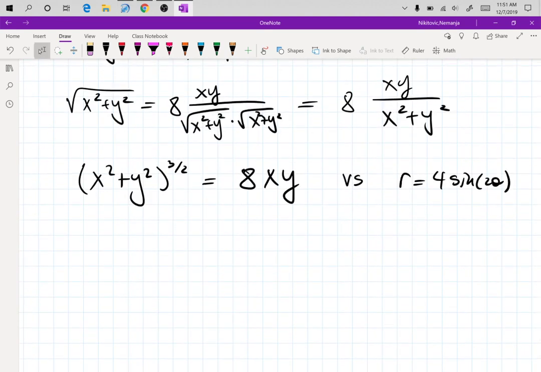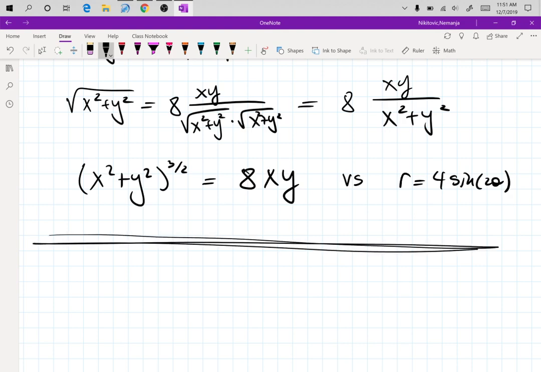And now we are ready to take a look at the calculus with polar coordinates. Or calculus in polar coordinates, how about that?